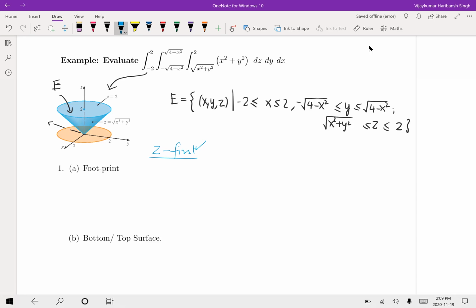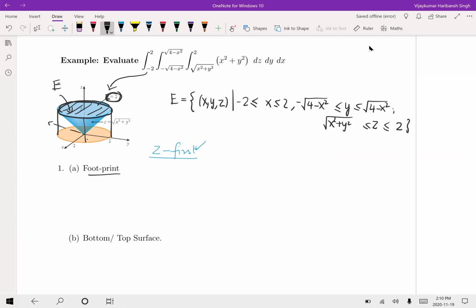All right. Now, what is top and bottom here? So what is the footprint first of all? Take z equals 2. When you cut it off, you get a disk, and project that disk down. You get z equals x squared plus y squared, so you get z equals 2.